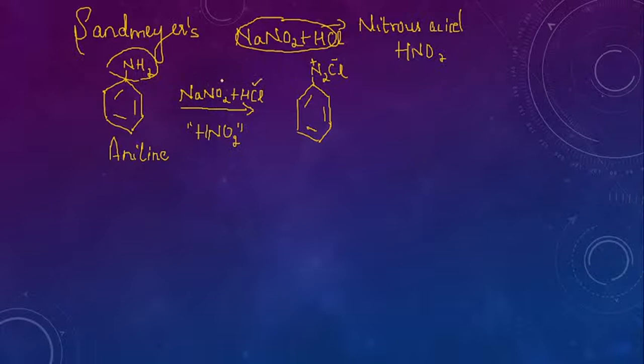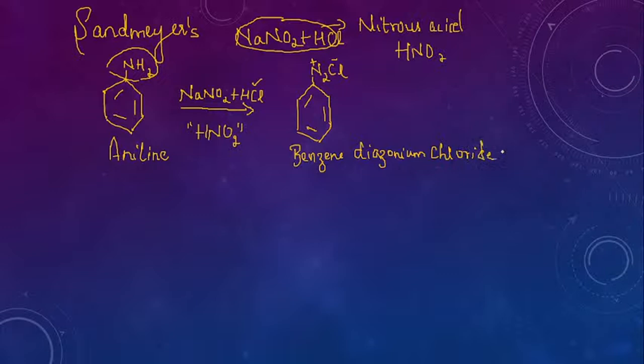So the NH2 group in aniline is replaced by N2+ Cl-. What is this N2+ known as? The diazonium group, and the salt here is chloride ion. So the name of this compound is benzene diazonium chloride.